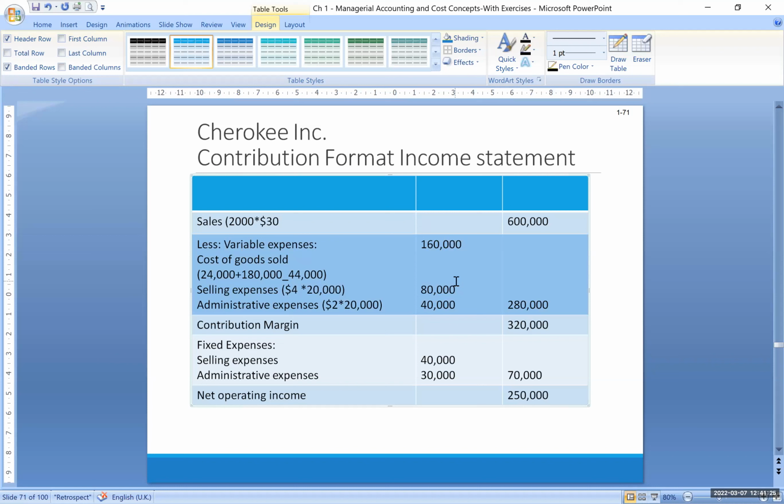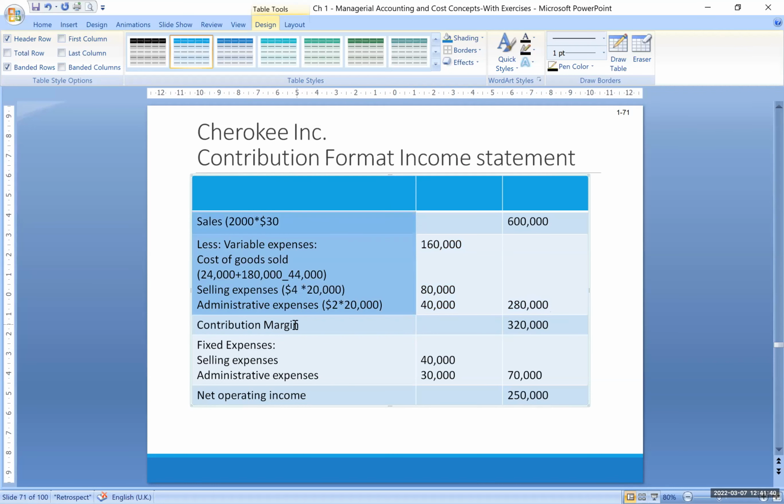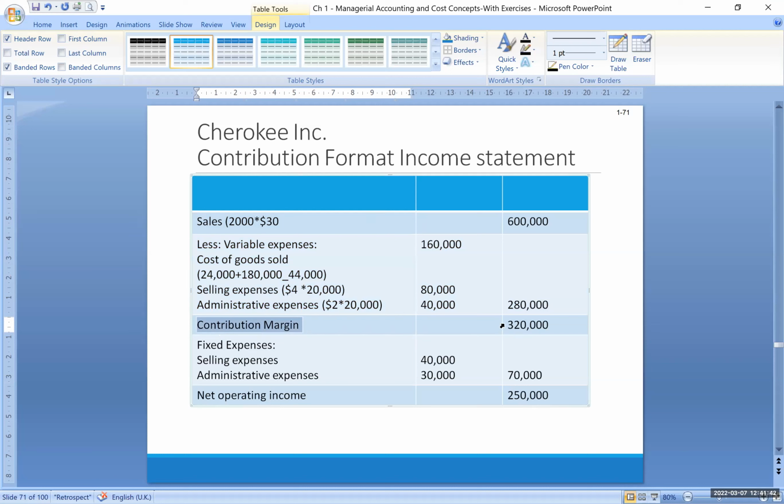Same for the administrative, we are paying $2 per unit sold, which equals 40. So the variable expenses for the company will equal $280,000. The difference between the sales and the variable expenses is called the contribution margin, $320,000. Then we deduct the fixed expenses to calculate the net operating income.